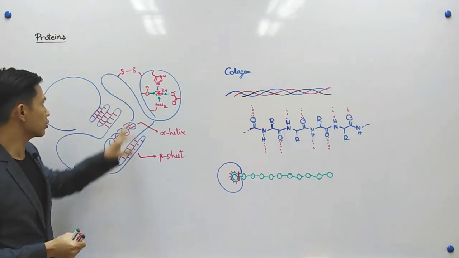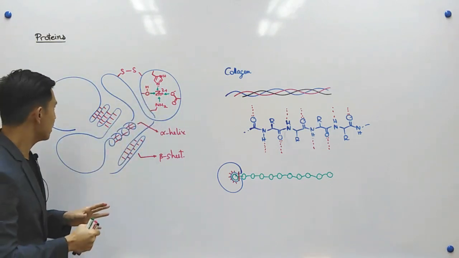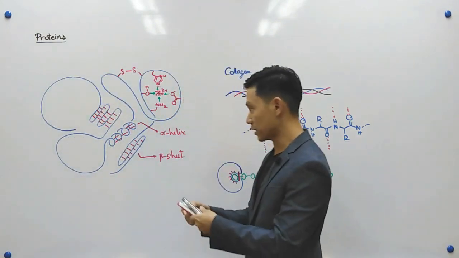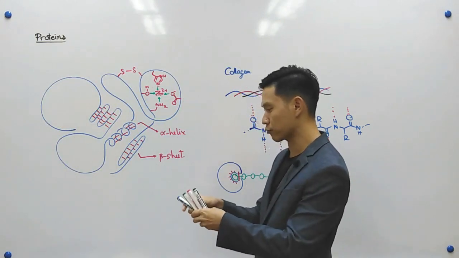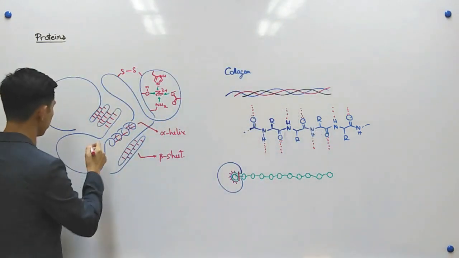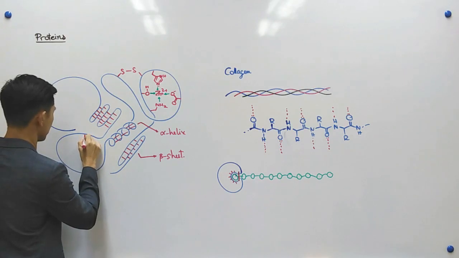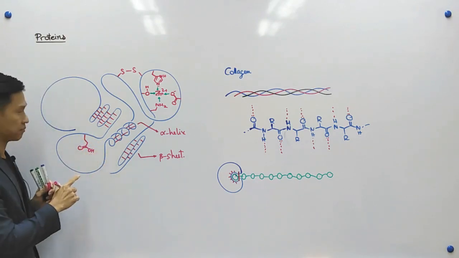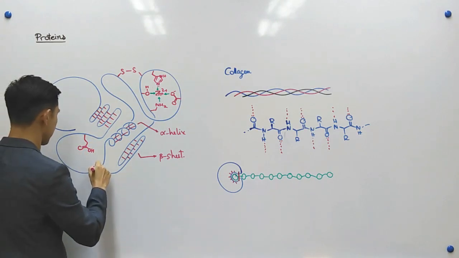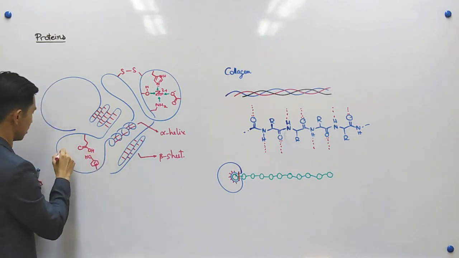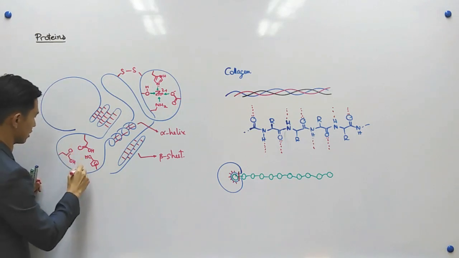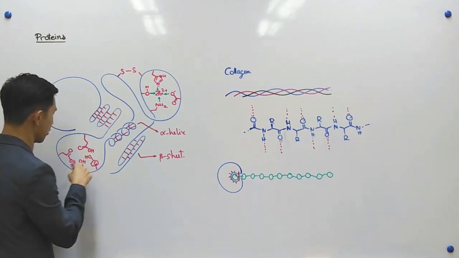Not only metal complexes, you may have hydrogen bonding between the R groups, right? Because in protein, as you know, we have several types of R groups. Some R groups have a carboxylic acid as a side chain, or a phenolic OH as a side chain, or an amino group over here, carboxylic acid here, or just a simple alcohol over here.